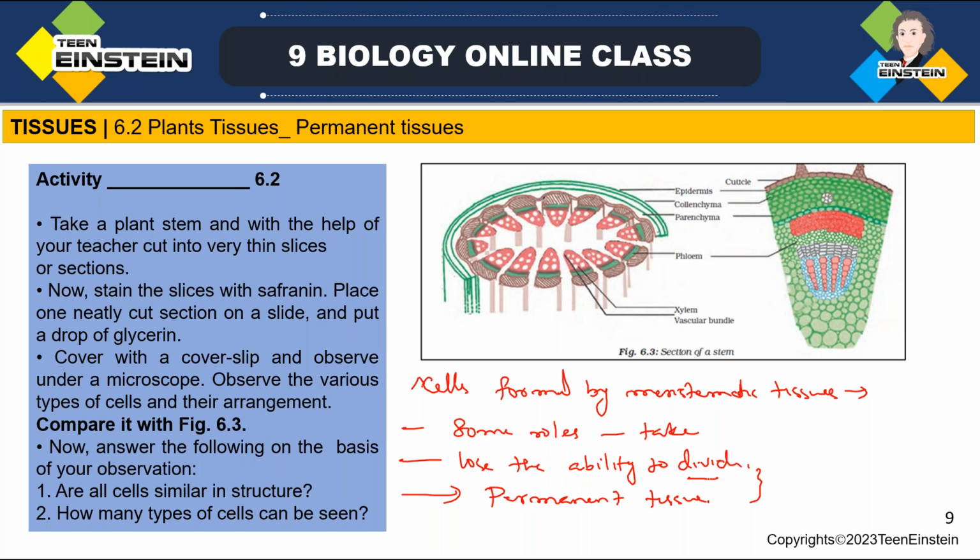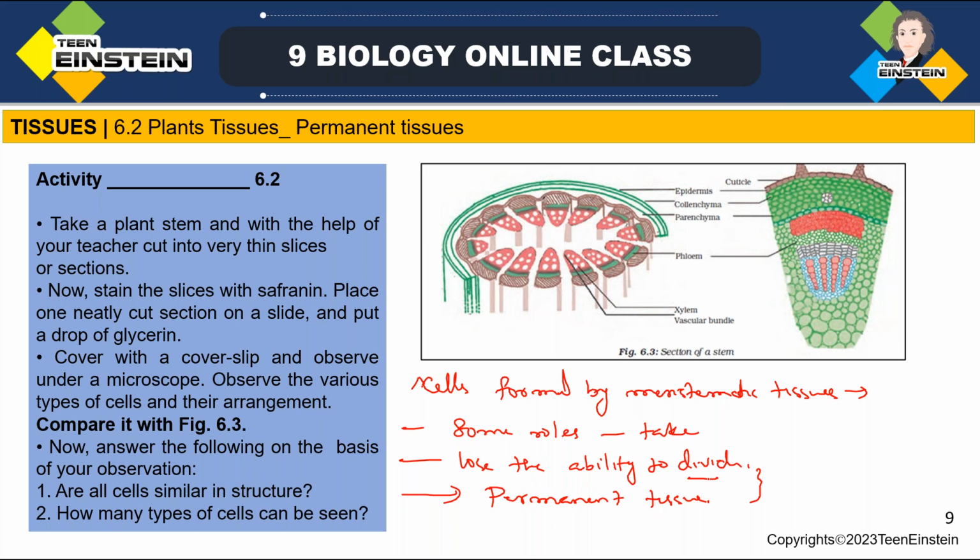Their dividing capacity they are losing. Then they'll take up the function and become a permanent tissue. They will attain a permanent shape, a permanent size, and a permanent function also.